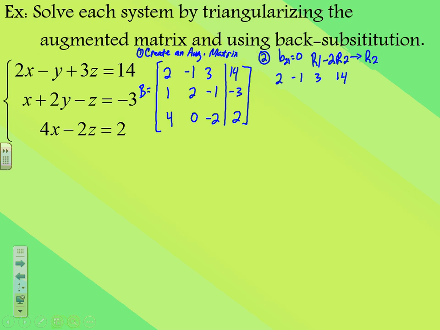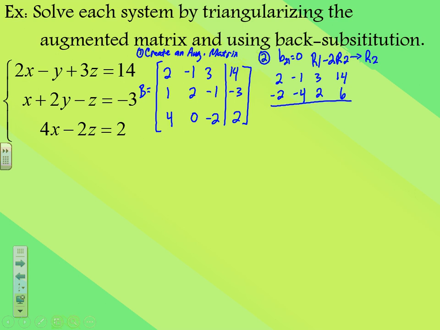And now I'm going to take row 2 and multiply everything in there by a -2 and combine it with what I had in row 1. So a -2 times the 1 that's there is a -2. And you can see when we combine those, that will give me a 0, which is what I want. Negative 2 times a positive 2 in row 2, well, that's going to give me a negative 4. The negative 2 times the negative 1 will give me a positive 2 here, and the negative 2 times negative 3 in row 2 will give me a positive 6.